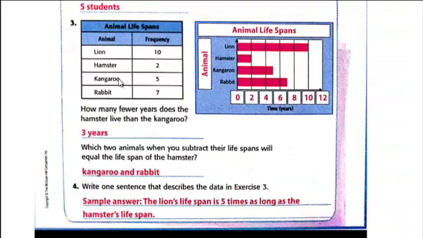Here, let's start to display this data in a horizontal bar graph. Okay, here in front of lion, frequency equal 10. So here in front of lion, draw a horizontal bar and stop here at number 10. Okay, here in front of hamster, frequency equal 2.